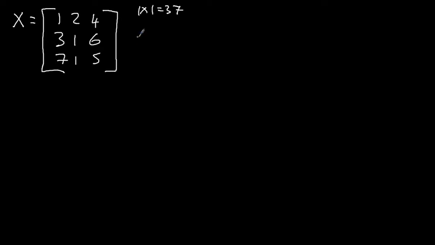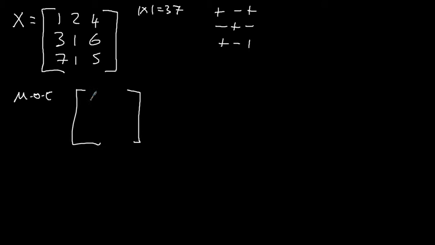Now to do the matrix of cofactors. It's kind of the same, but we don't need to multiply by any numbers on the top row. And remember, the sign goes plus minus plus minus plus minus plus minus plus, so every other one has its sign negated or inverted. So the matrix of cofactors is going to be, for element 1, 1 times 5 take away 1 times 6, which is minus 1.